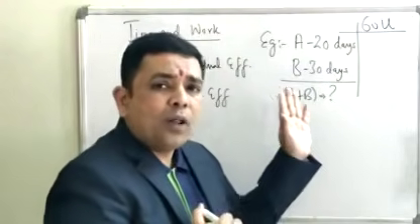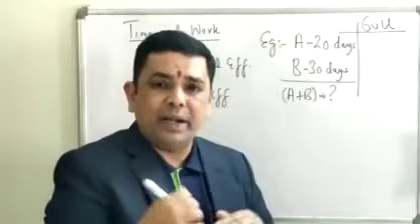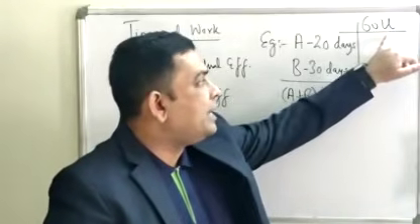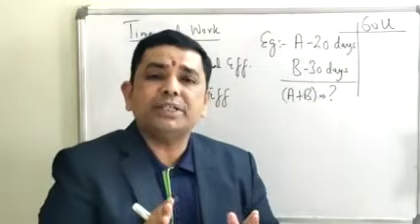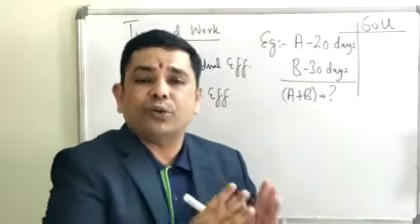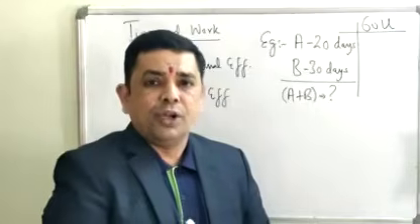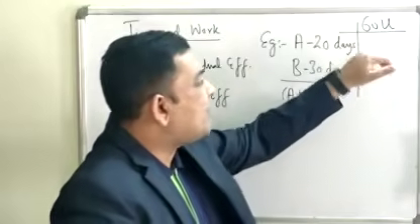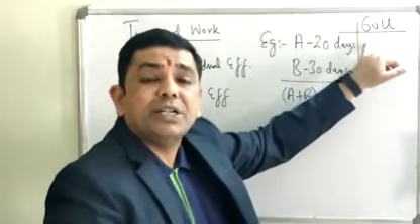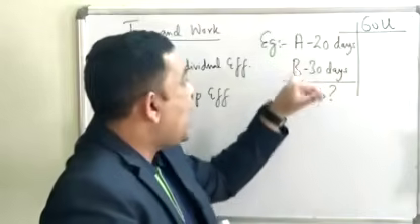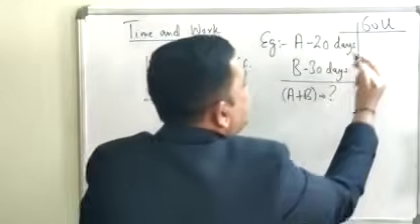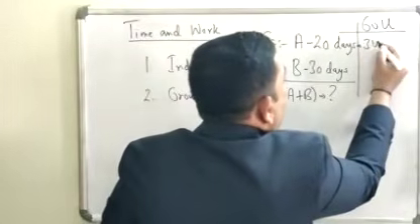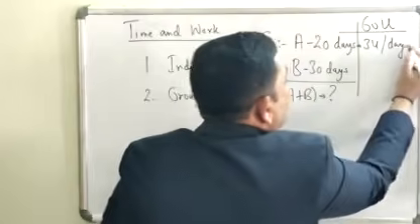Now, in all these questions that we will be discussing, we will be writing this alphabet U, which represents units or the total work to be done. So if I take the total work as 60 units, A is able to complete 60 units in 20 days, and therefore I can say this is 3 units per day.